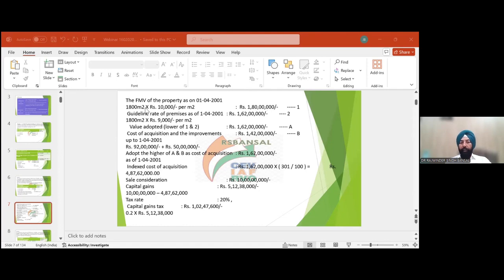Second, the guideline rate of the premises as of 1st April 2001 is 9,000 per square meter, so from here it comes out to be 1 crore 62 lakh. Now, if both the guideline rate and the fair market rate are available, then you have to take the lower of the two. So the lower of the two is 1 crore 62 lakh.